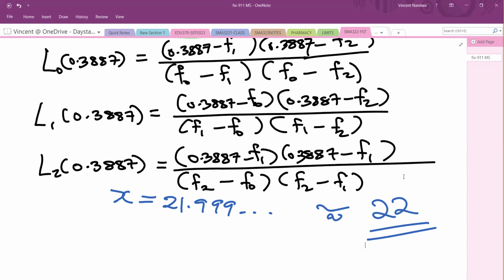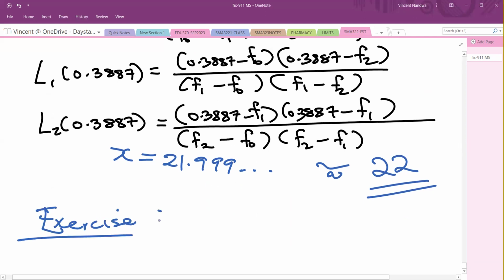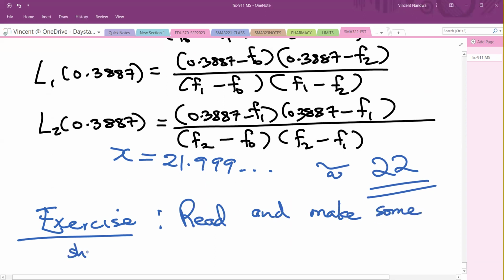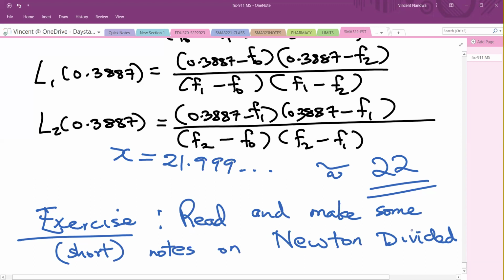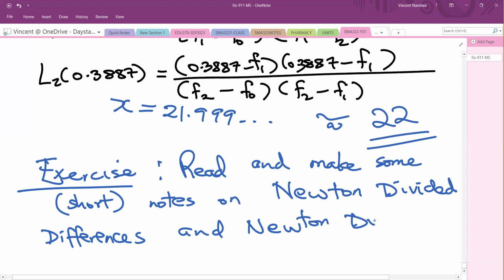And also, this is an exercise: read and make some notes on Newton divided differences and the Newton divided difference formula.